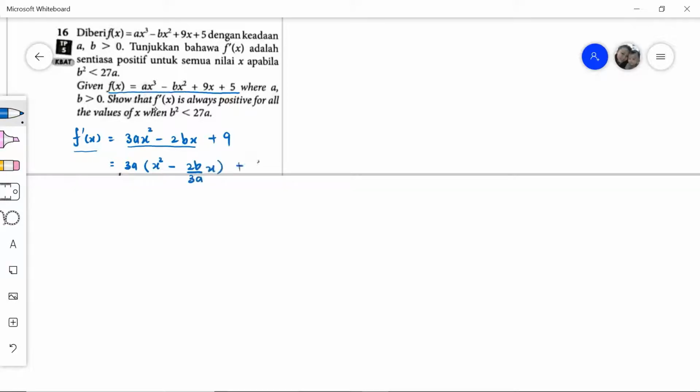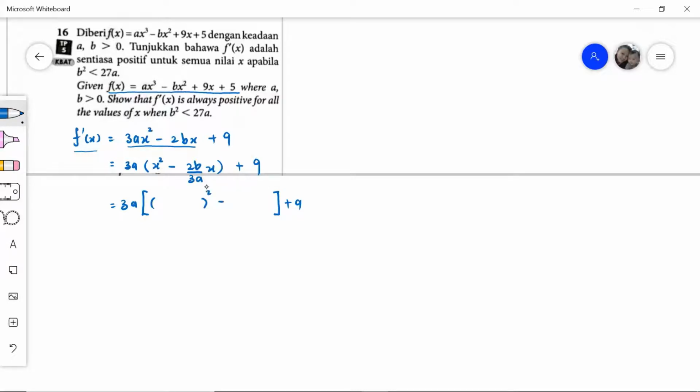We only involve the terms that contain x; the constant we leave alone. Double check: when we multiply in, I get back 3ax squared minus 2bx. The next step is to start completing the square. The rest we're not going to use, so we copy. This will be the framework.